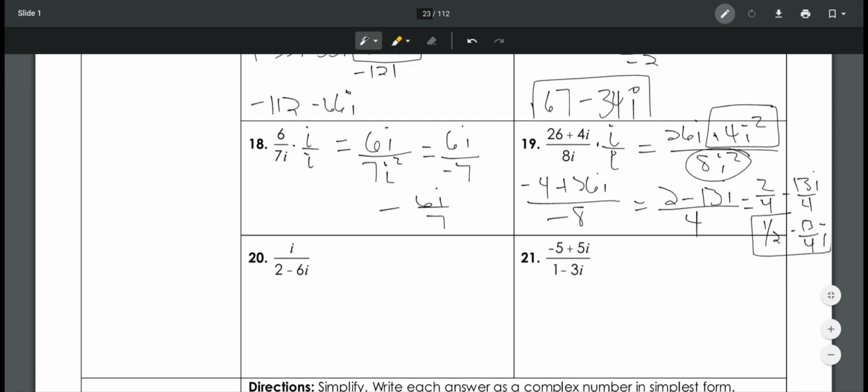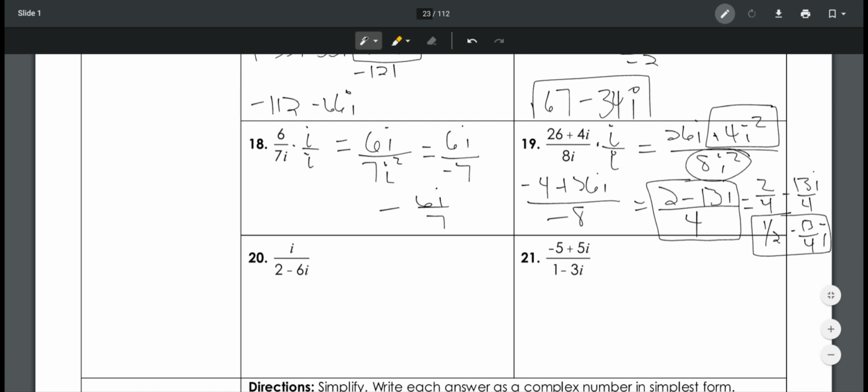That is a true a plus bi format. Now, I will take either answer. I will take it left as a complete fraction, or I will take those answers in the a plus bi format. I would get into a habit of writing the second answer, 1/2 minus 13 over 4i, because that is true complex format.